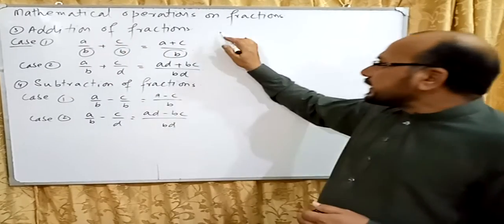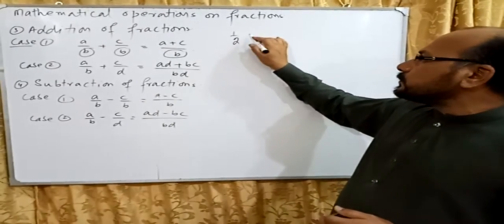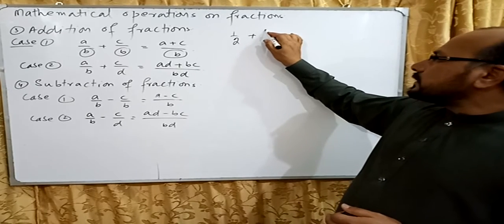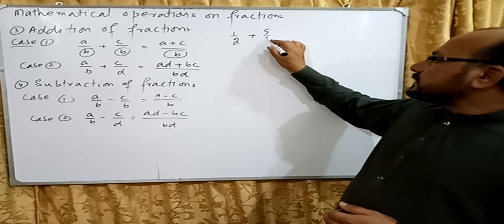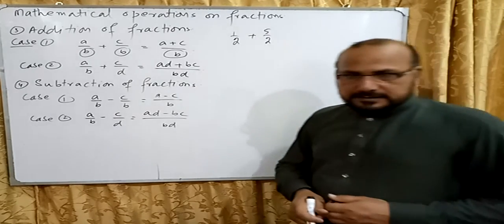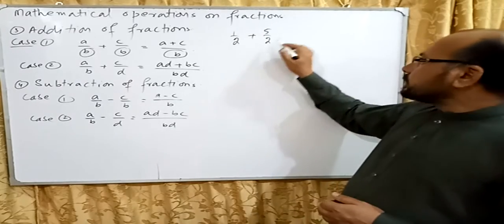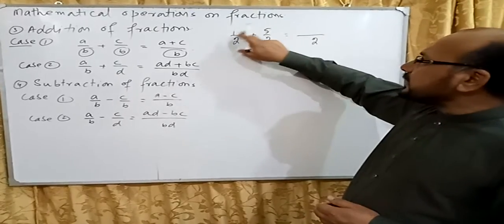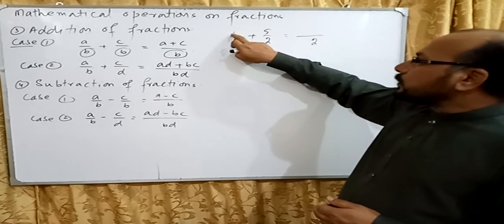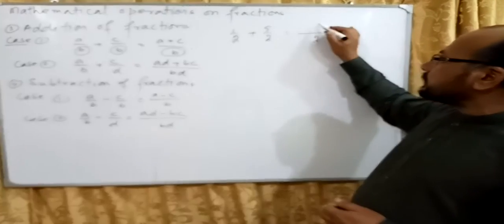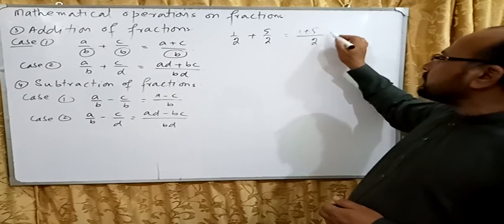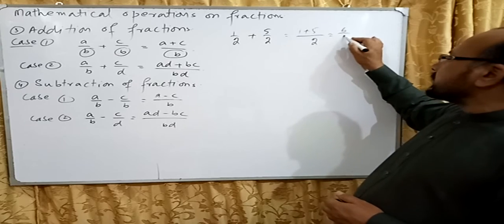For example, 1 over 2 plus 5 over 2. We take 2 as the LCM, and add both numerators: 1 plus 5, so 6 divided by 2.